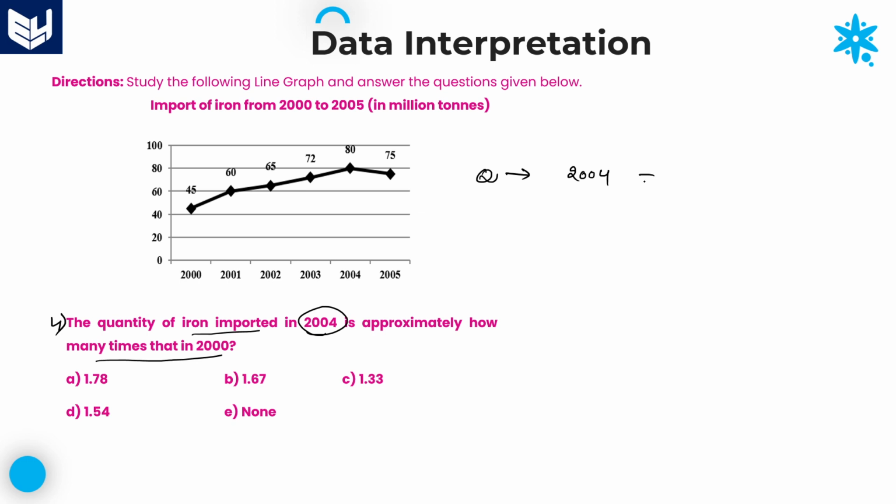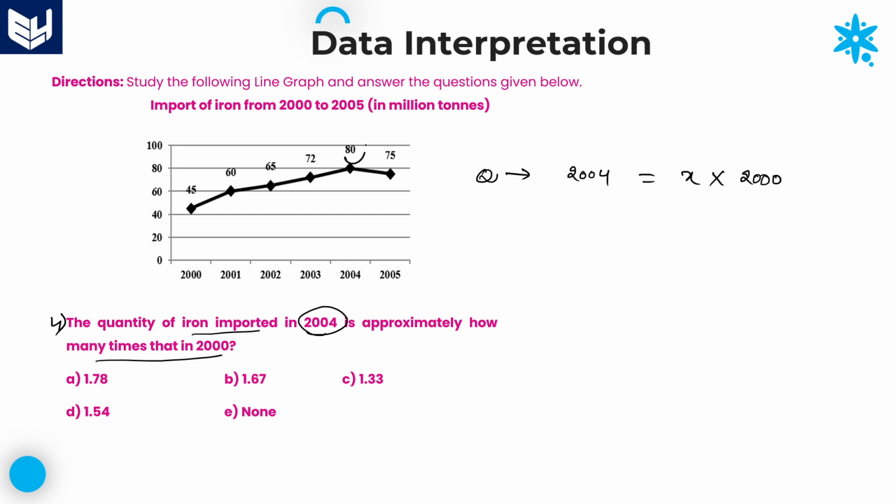Let us take x times the quantity of iron imported in the year 2000. First take the values of iron imported in 2004 and 2000, and you will get the answer.